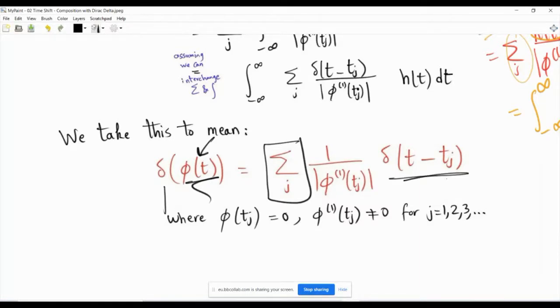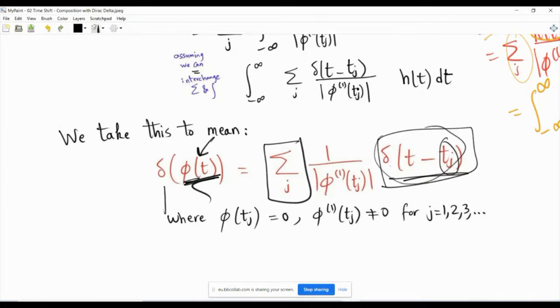In other words, it depends on the number of solutions to the equation phi of t is equal to 0. We get those Dirac deltas at the times at which phi of t crosses 0, and we get some additional thing.